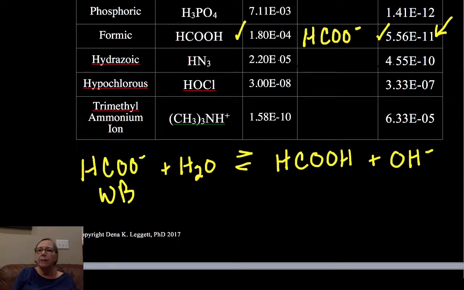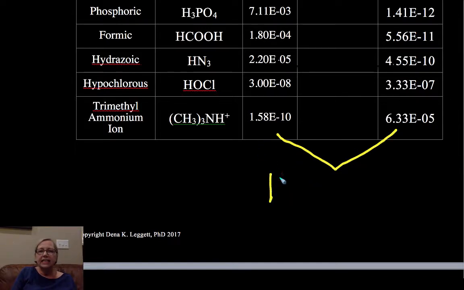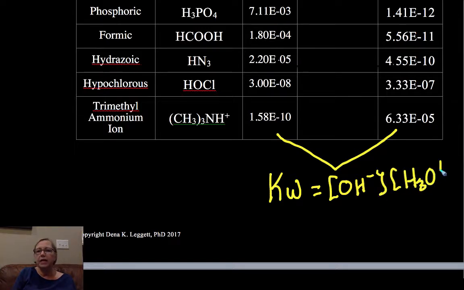Now, if you compare these two values, and then we will fill in this chart, how we can compare these values is that Kw, that water dissociation constant, is equal to, well, let's do it this way because you're used to seeing it like this, OH minus times H3O plus.